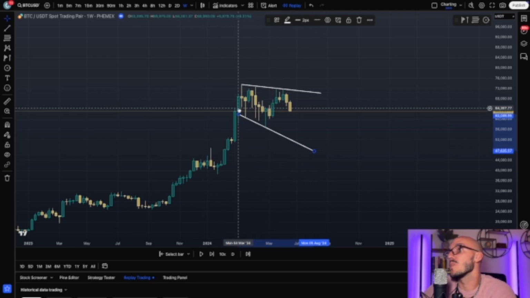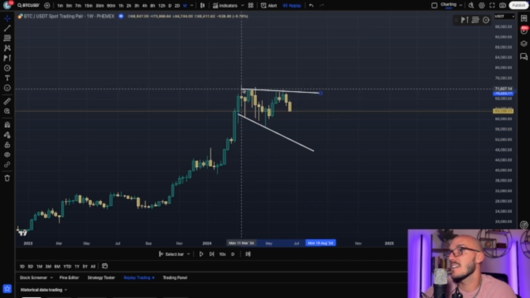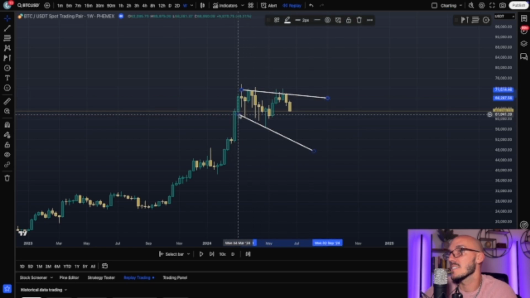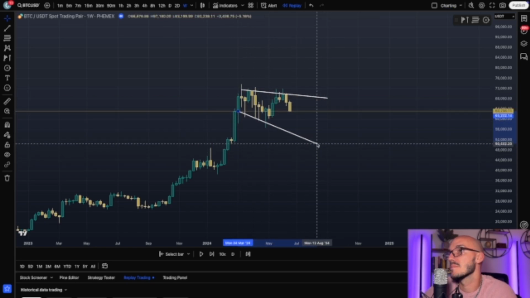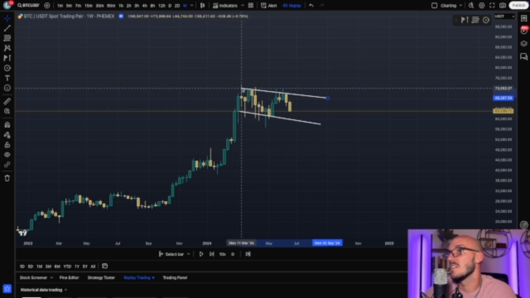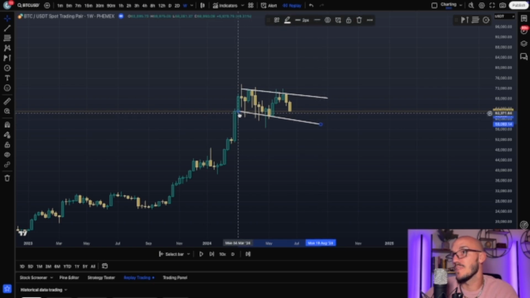You can also do it with the bodies of the candles if you feel more confident. If you're doing it with the bodies of the candles, then the trend would look something like this. You see? That looks a bit cleaner, right? Personally, I like to do the bodies of the candles. That's just me.